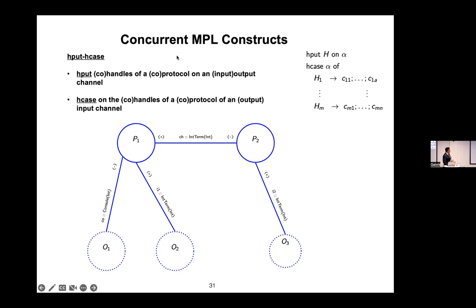So let's look at this example here. We have processes P1 and P2, and we are trying to replicate a chat server here. Process P1 is going to take a value from the user. It is going to put this value on channel CH. P2 is going to read that value.